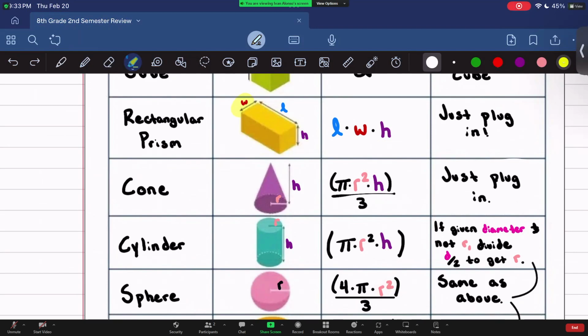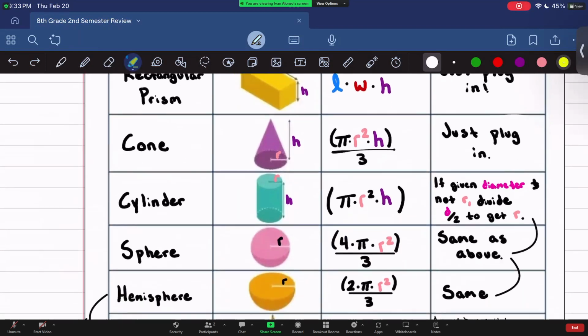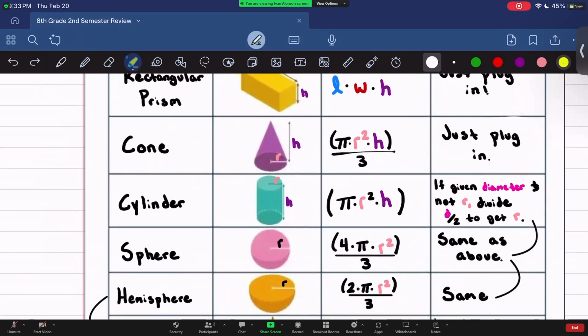So when I put this in the calculator, I can do 4 times pi times 8, and then that's all of these done. And then I divide whatever that final answer was by 3. Okay, so that's how I would approach that, and that's what I was implying earlier by plugging this into a calculator correctly. A hemisphere is 2 instead of 4. If you notice, that makes sense because it's only half of a sphere.